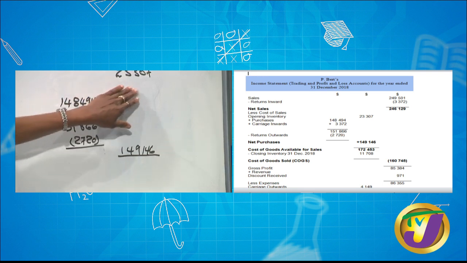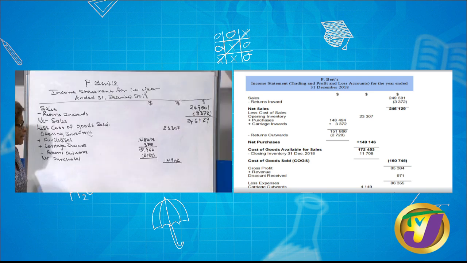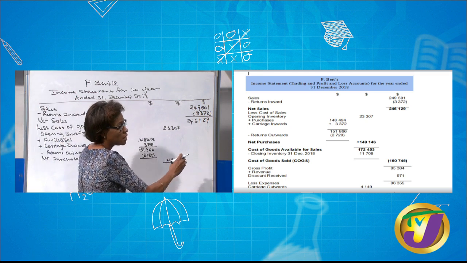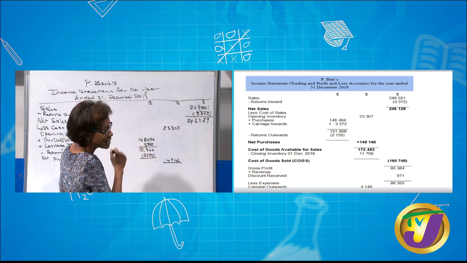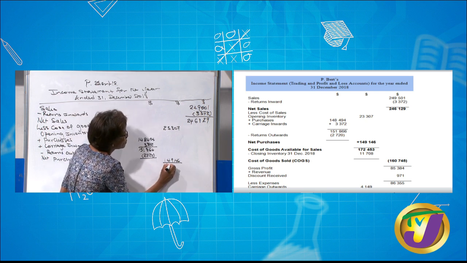And then we're going to be adding our net purchase figure to our opening inventory. When we add these two figures, the 149,146 to the 23,307, we're going to get 172,453.